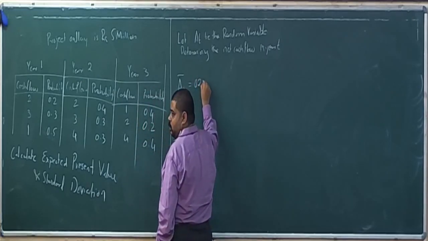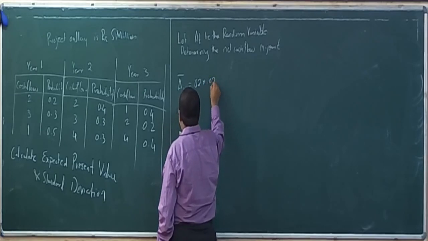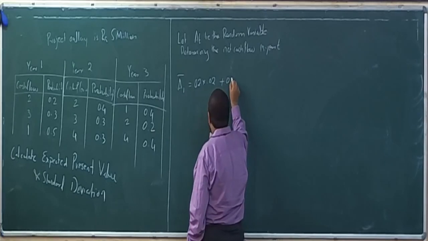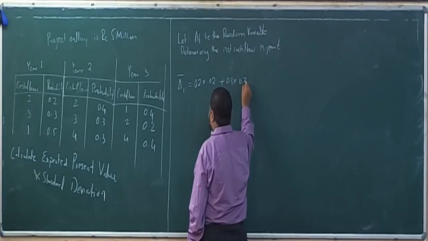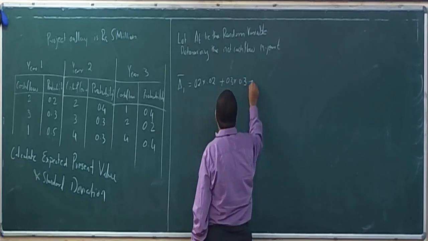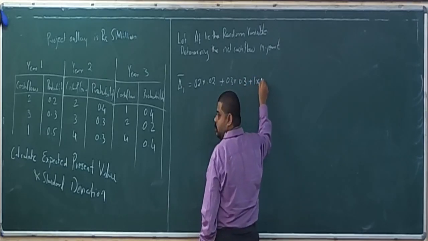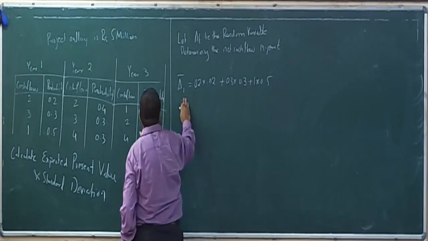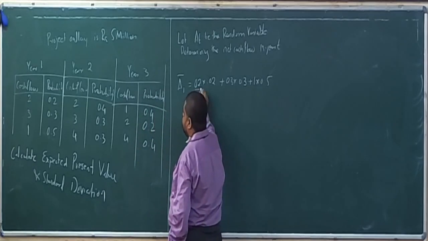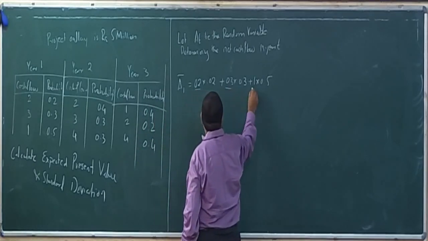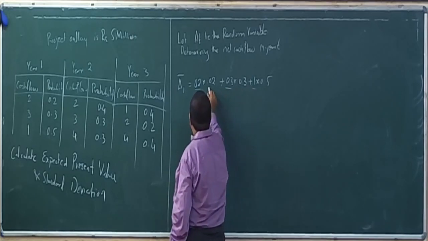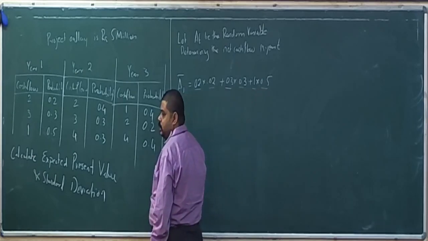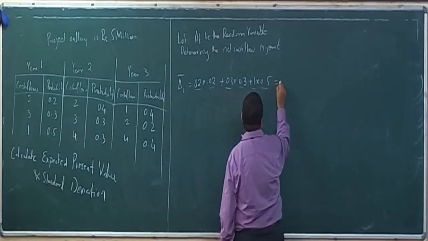2 into 0.2 plus 3 into 0.3 plus 1 into 0.5. So A1 bar is the first year cash flow. So this is the first year cash flow 2, 3 and 1, and these are the probabilities of the first year given in the problem. If you calculate this, we get 1.8.